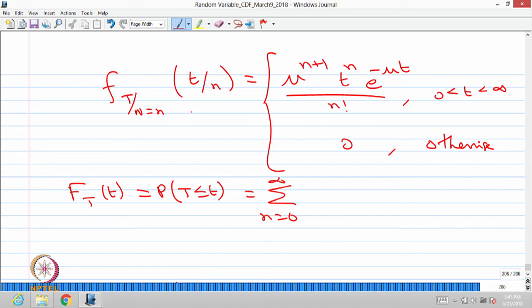The above one is the conditional probability density function of T given N. Now, we need the conditional distribution, so instead of minus infinity, you can go from 0 to small t of mu power n plus 1, s power n, e power minus mu s, divided by n factorial, multiplied by 1 minus rho into rho power n, ds.